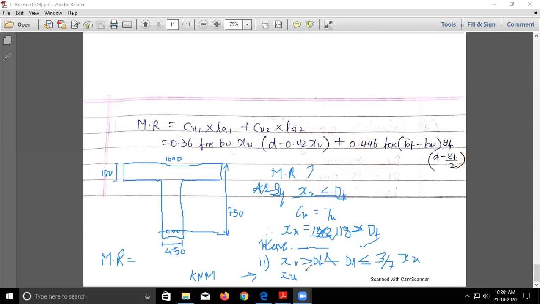So what we have assumed is that Xu is greater than Df. Xu came out as 111, so that means it is greater than Df. Now we have to check the second assumption. What is the second? Check whether Df is less than 3/7 Xu or not. Which value is this, Rida?